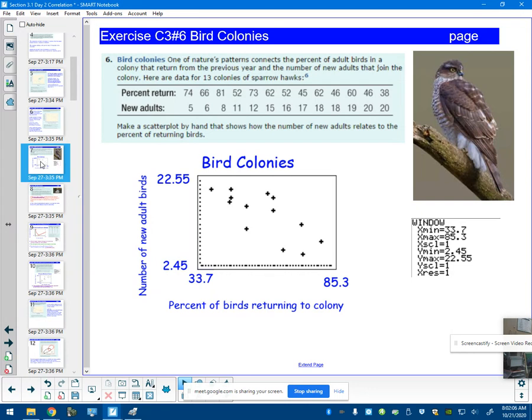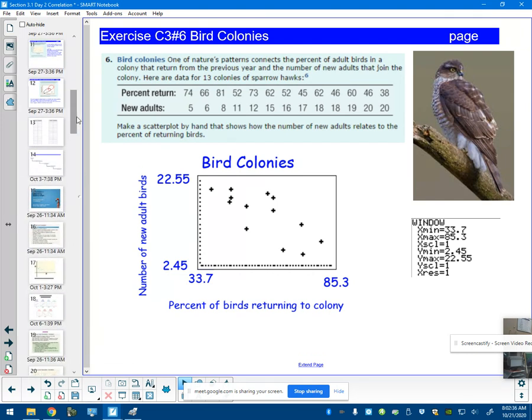But if only like a couple birds don't make it back from the south, a couple birds are too old, you don't have as many new birds joining. So that's what this is. The more birds that return with the colony, the fewer new birds are allowed to join their group or their cult or their brood, I guess would be what it's called. And we'll be doing more with the sparrowhawks this evening.